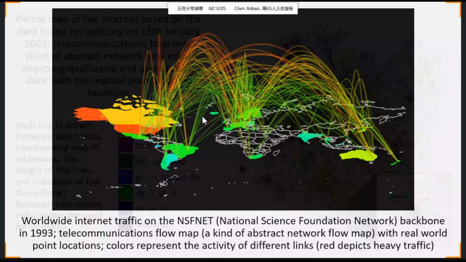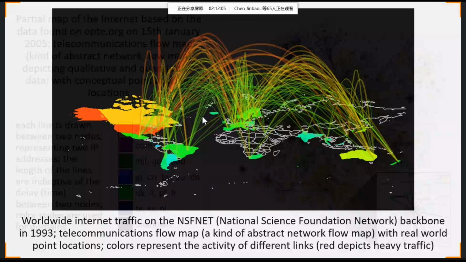Or even more abstract, this is the spatial map of the internet based on data found on the site opte.org on 5th January 2005. It's a telecommunications flow map, also a kind of abstract network map depicting qualitative and quantitative data with conceptual point and line location.